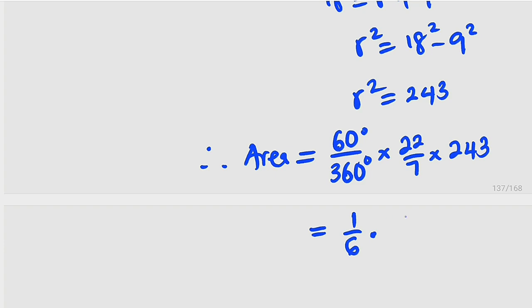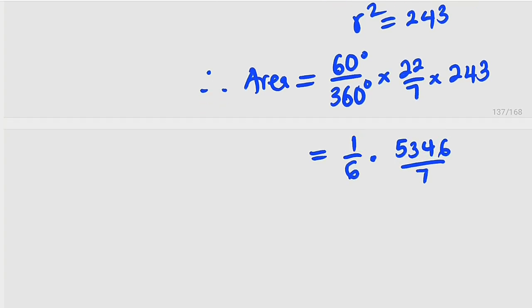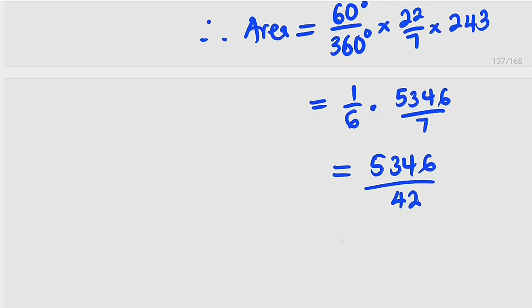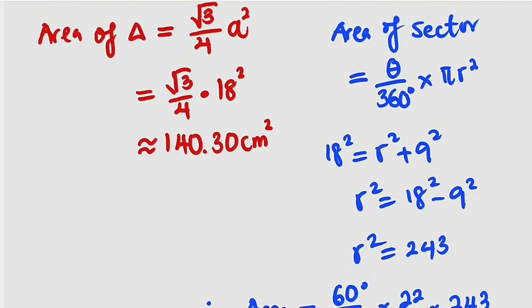I have 5,346 divided by 7. So all we have to do is multiply this to the top, which is going to still give us 5346, then divide by 6 times 7, which is 42. And this will give us approximately 127.29 in 2 decimal places. So this is the area of that sector.